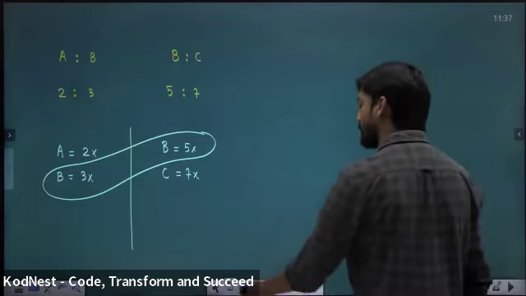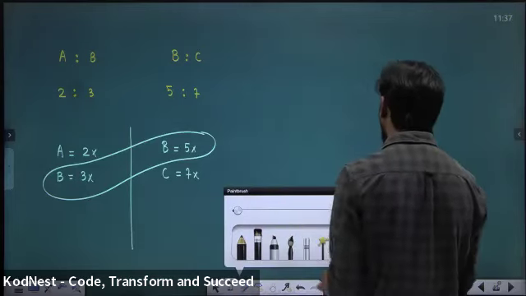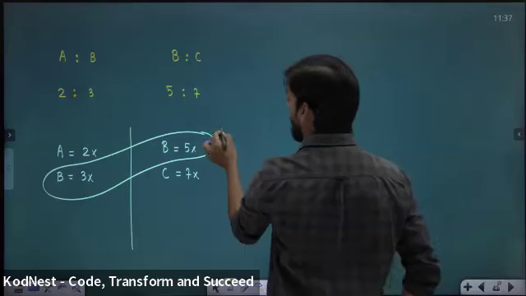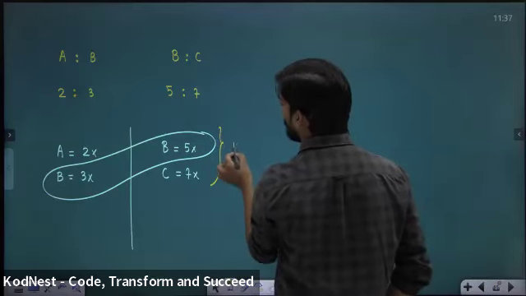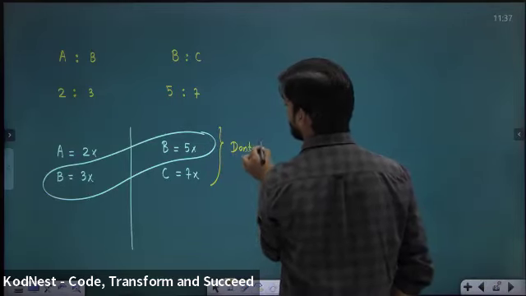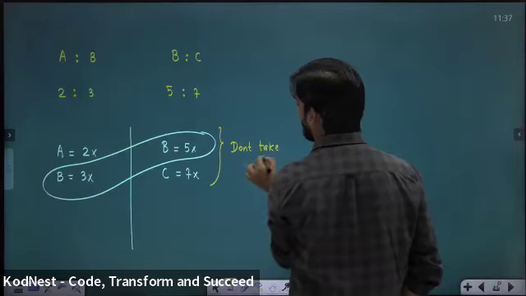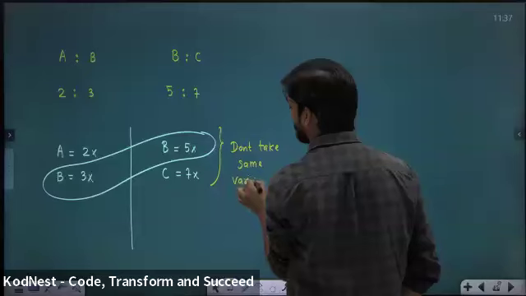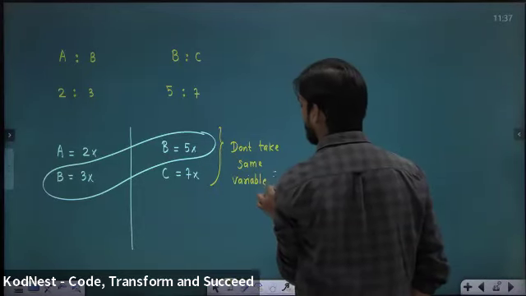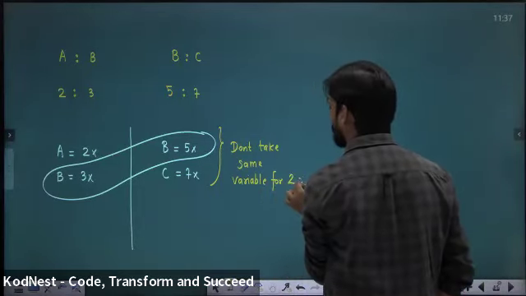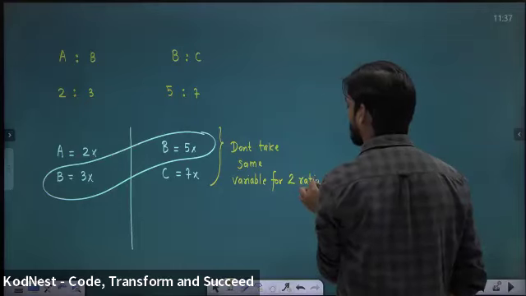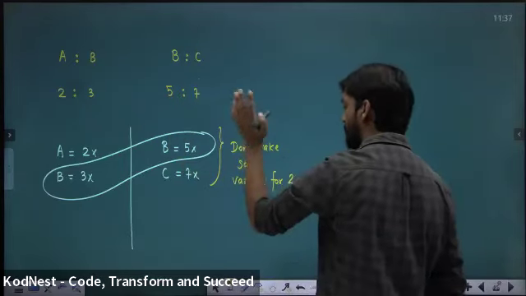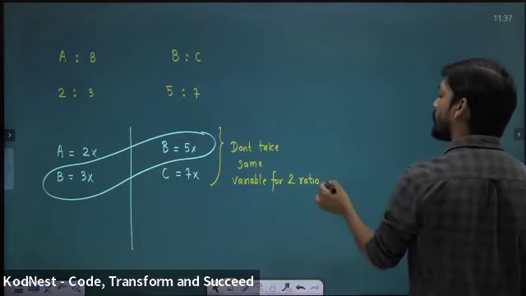So that's why, my dear, based on this, what you have understood is: don't take the same variable for two ratios. If you want to take a variable, take x variable for this, y variable for this.